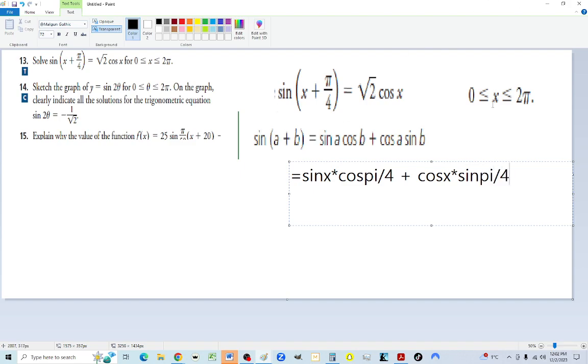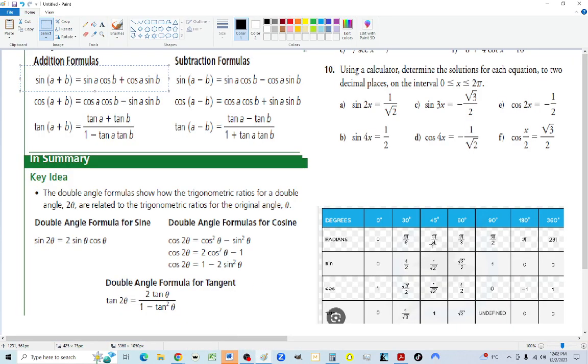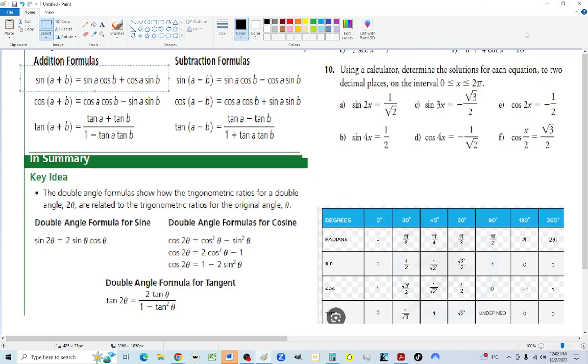All we need to know is pi over 4. Well, 45 degrees for pi over 4 is, for both of them, 1 over square root of 2, lovely. Let me confirm that. 45. Yeah, 0.707.